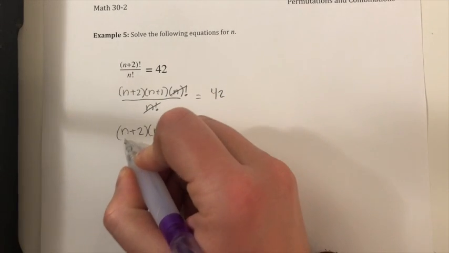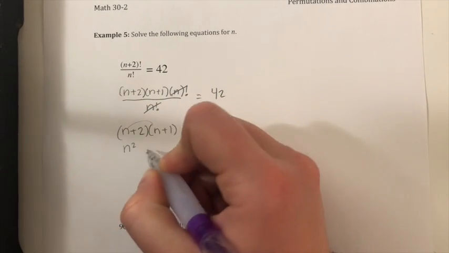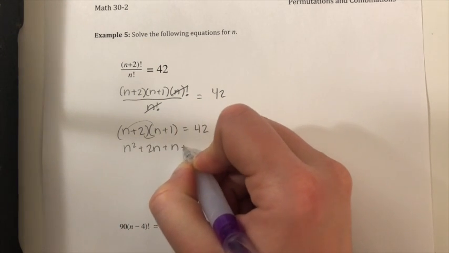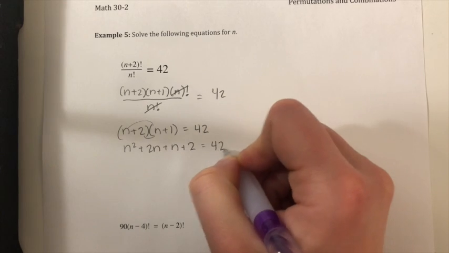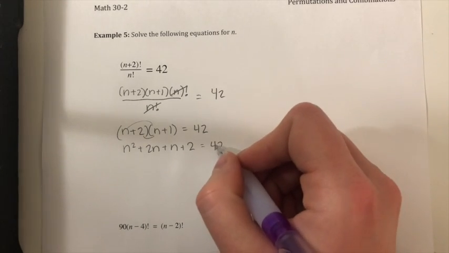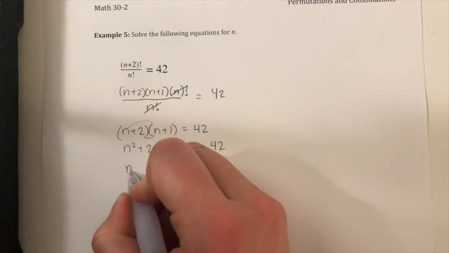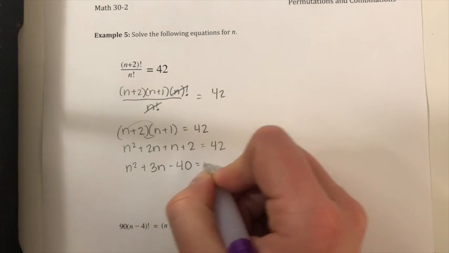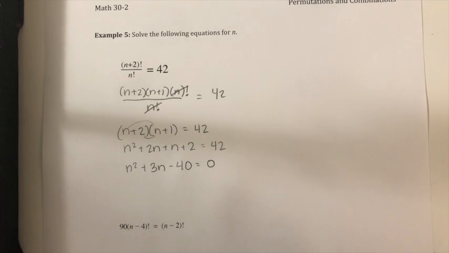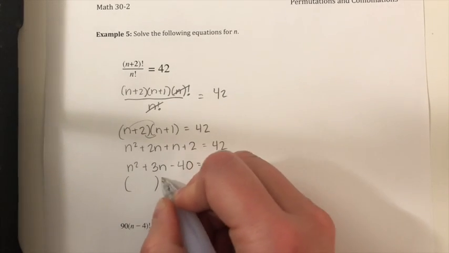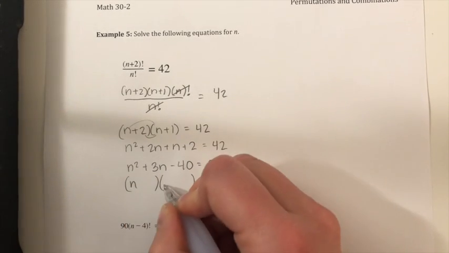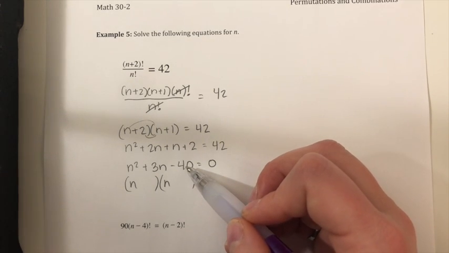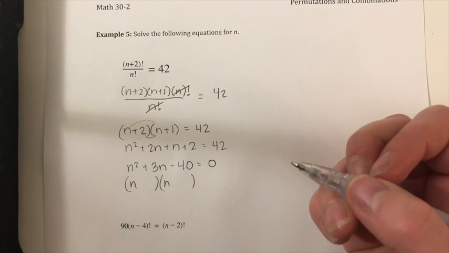So it's going to be n squared plus 2n plus n plus 2 equals 42. I need to make this side equal to 0, so I'm going to move it over. n squared plus 3n minus 40 equals 0. So now I need to factor this. n and n. I need two numbers that multiply to negative 40 and add to positive 3.